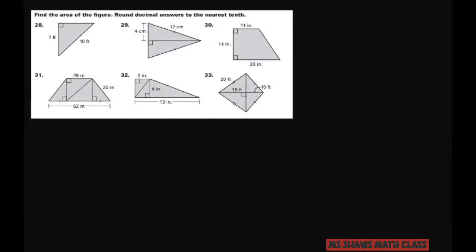Okay, and the next one, we're going to actually have to take two areas. So let's break this down. If I break this down like this, then I know that this is a rectangle, and this length is 11. So this length is going to be 9, and the height here is 14.